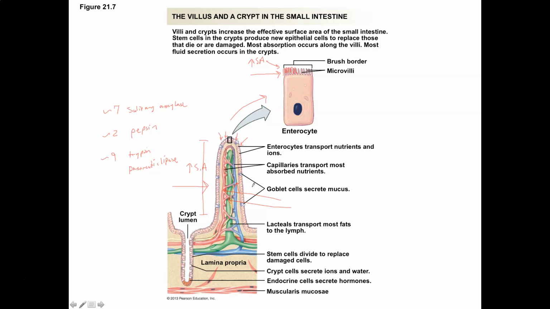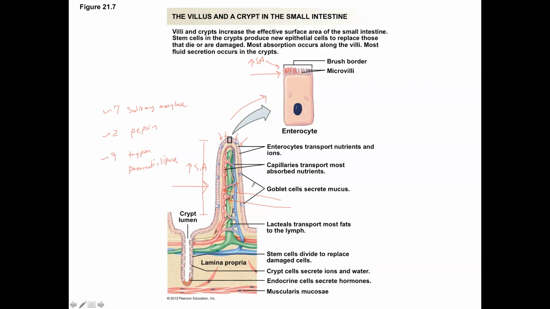So again, the small intestine is a prime example because of its increased surface area to have better absorption in the GI system.